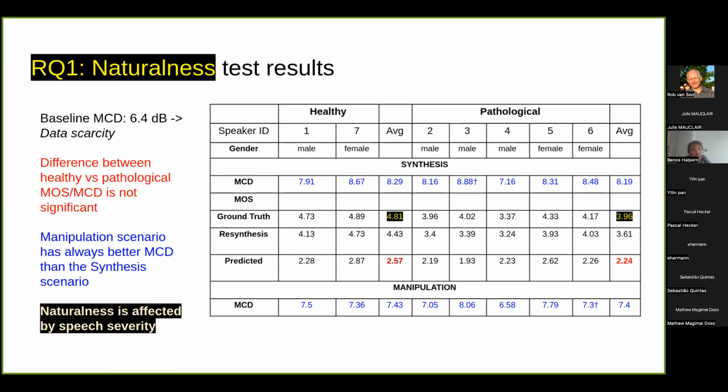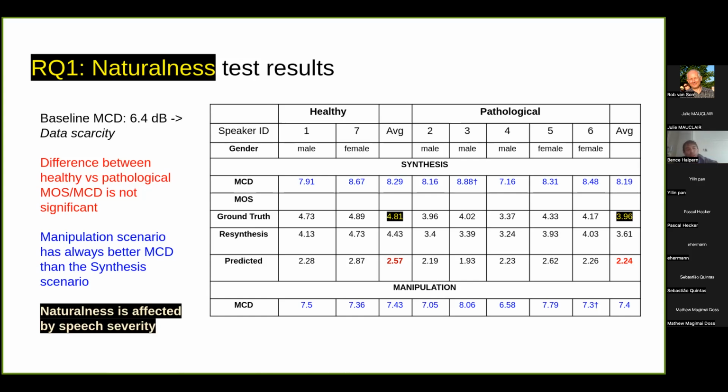Another thing that we found is that it's not the pathologicalness that is the problem in achieving natural speech synthesis, because when rating the synthesized speech, we found that there is not a big difference in the naturalness of the healthy and the pathological ones, which means that the method is more limited by the amount of data available.